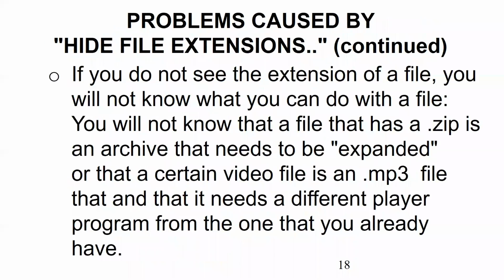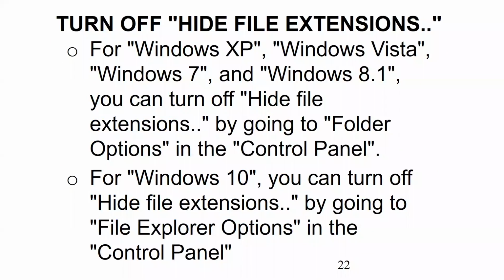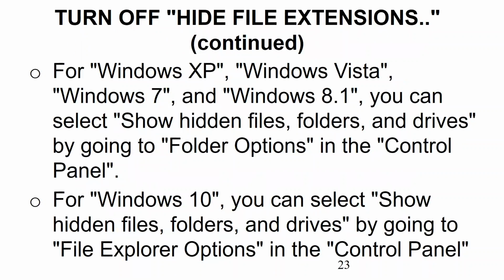In Windows Vista, XP, 7 and 8.1, you can go to Folder Options in the Control Panel and turn off hide file extensions. In Windows 10, you can go to File Explorer Options in the Control Panel and turn off hide file extensions. All of a sudden, the real name of the file starts showing up all over your computer. And that's a great thing.